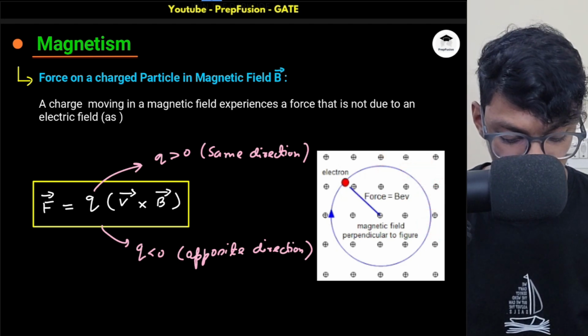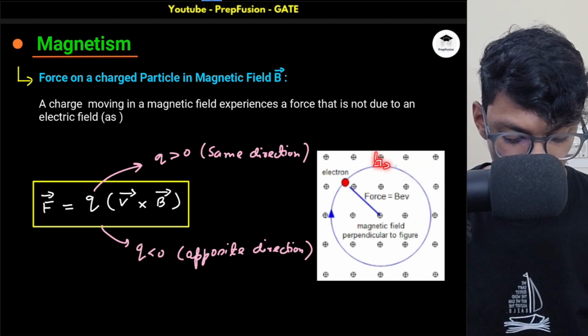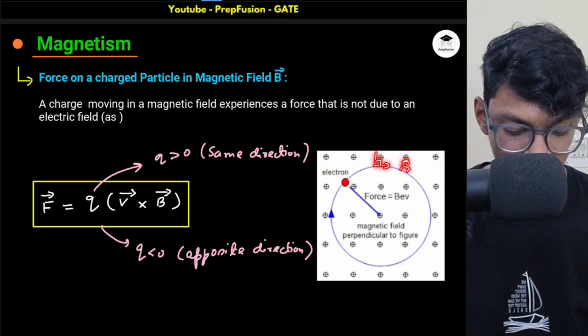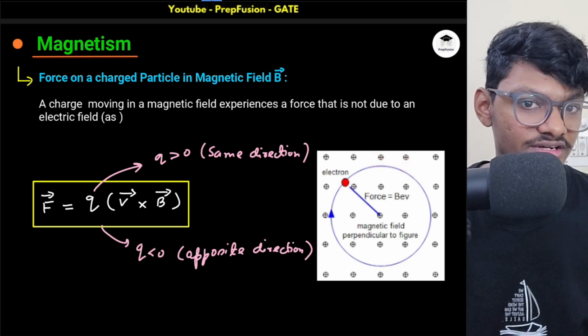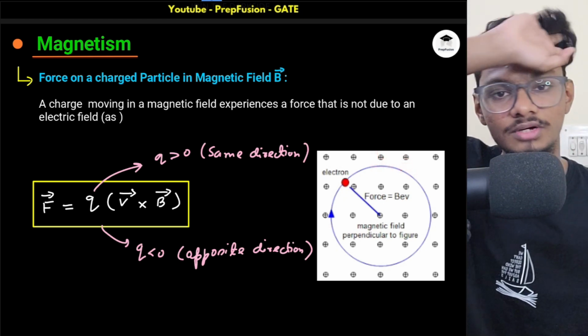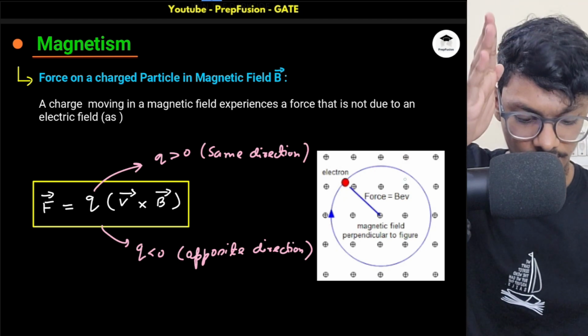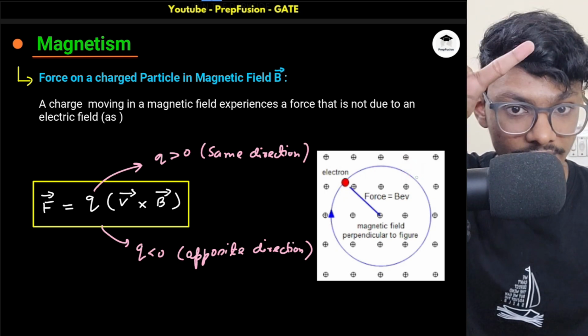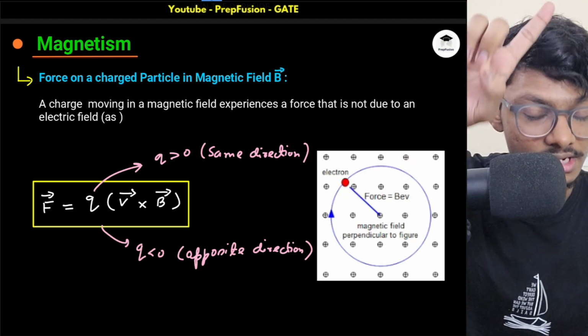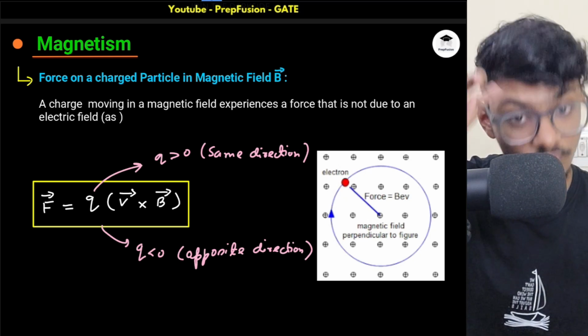It is always perpendicular to my velocity vector. So if you observe, my displacement and my force are perpendicular to each other. So will any real work happen?